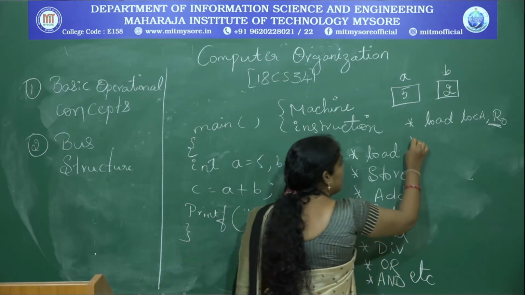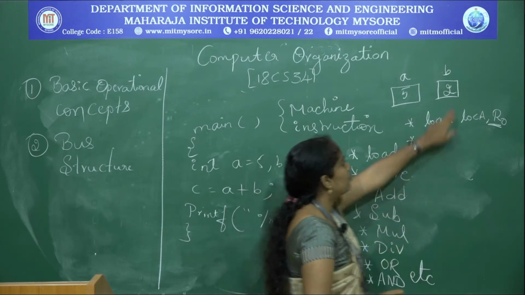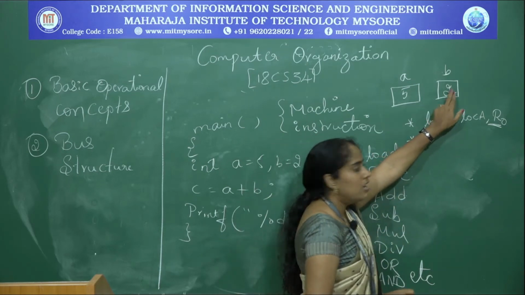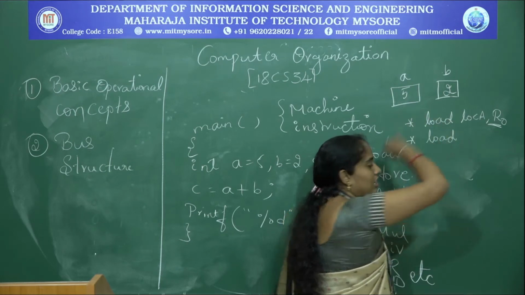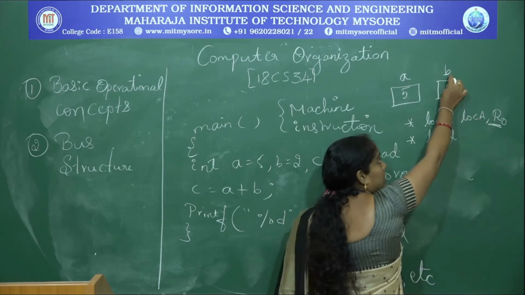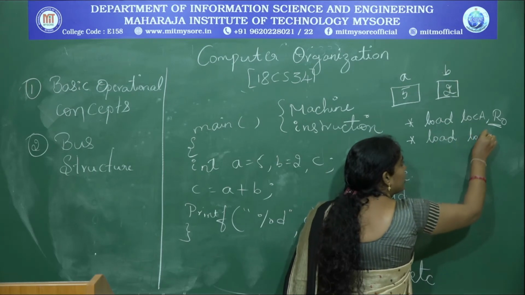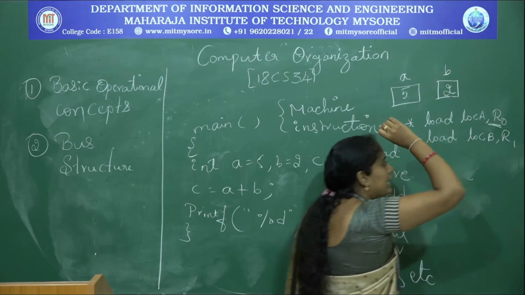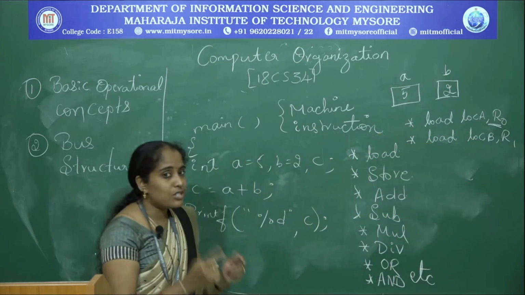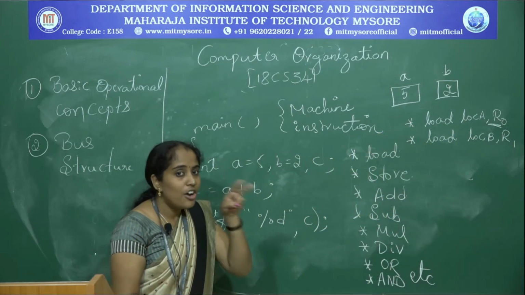Okay. Next we want to take the value B, right? Again we use the load instruction with the location B, and that will be stored in the register R1. So what is the next step? Addition of two numbers.